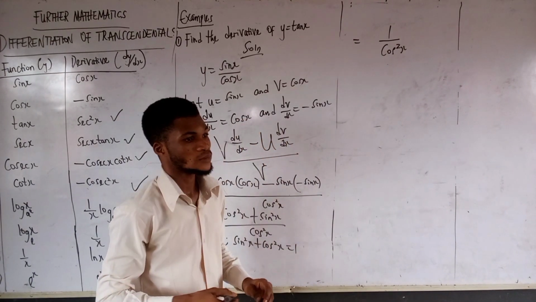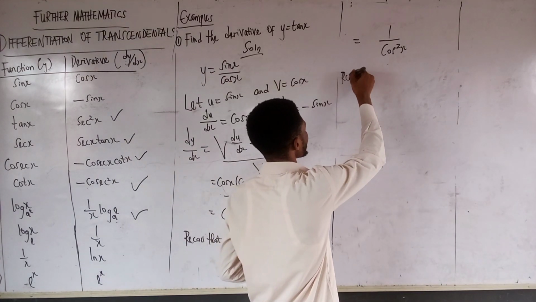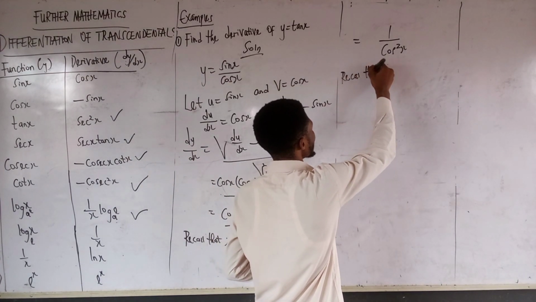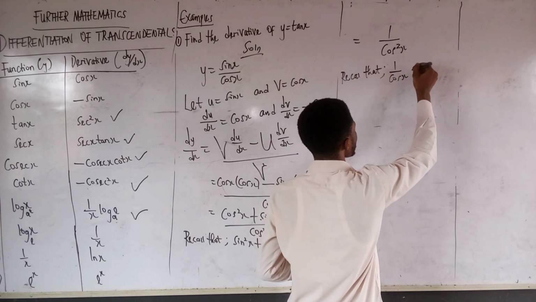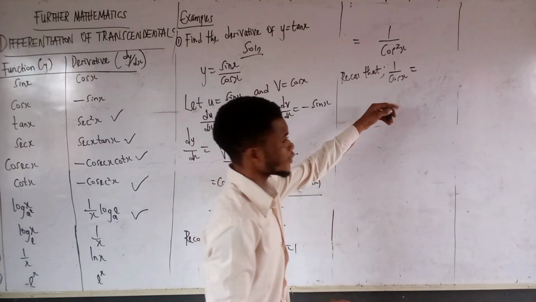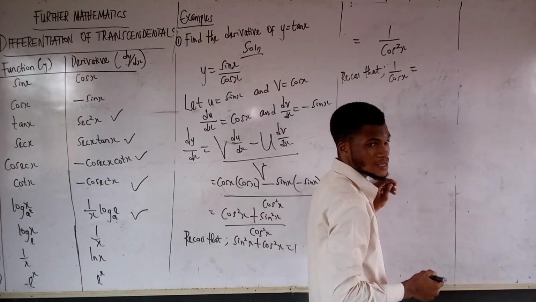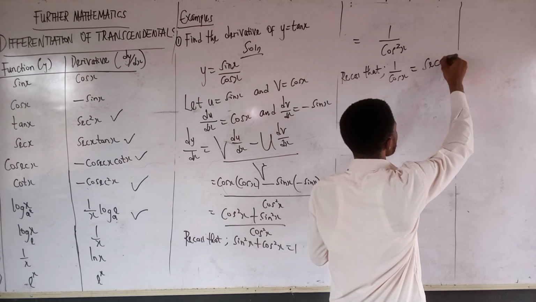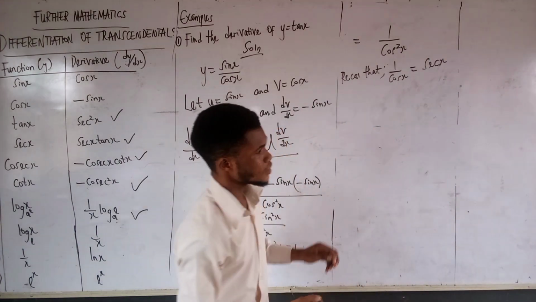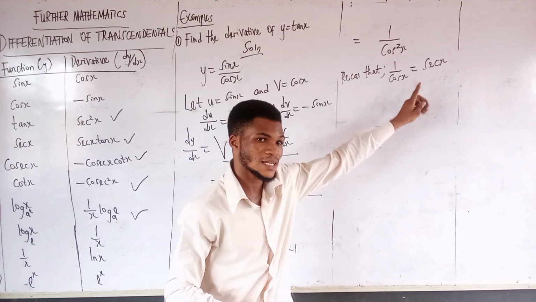But also recall that 1 over cos x is equal to what? The reciprocal of cos x is sec x. Inverse of cos x is sec x.